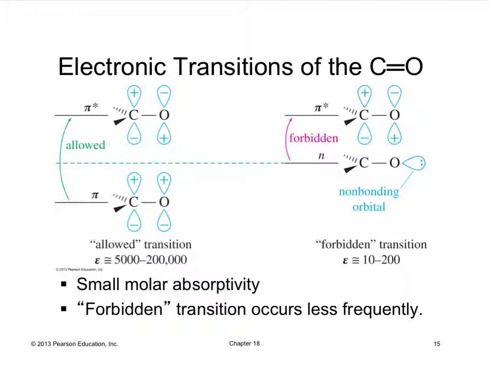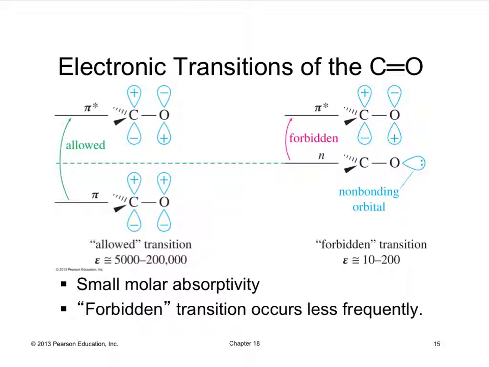If we look at the electronic transitions of the C=O, you have a pi and a pi star. In the pi, the lobes are on the same side; in the pi star, they're on opposite sides. This is an allowed transition, and they have large molar absorptivity.